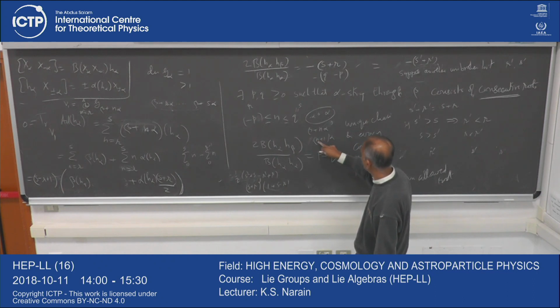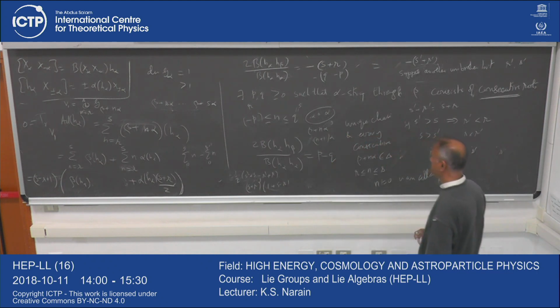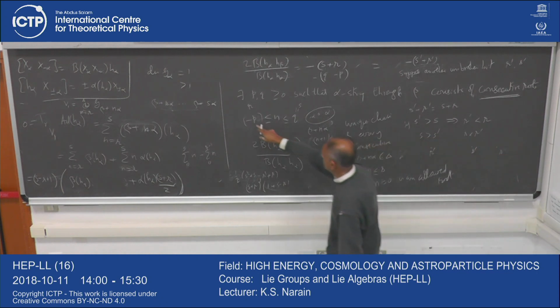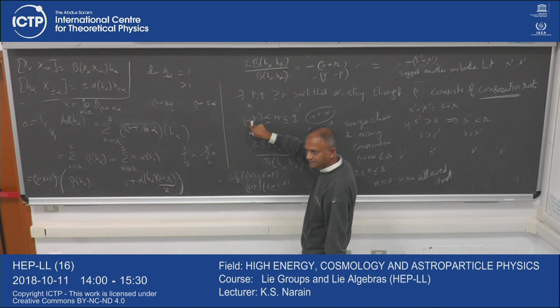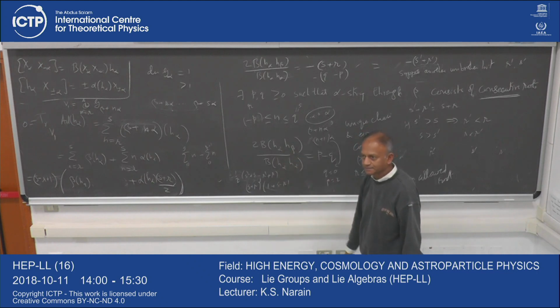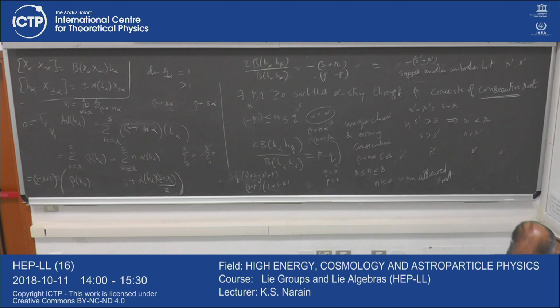Q is 0, and p is 2, because here I'm already writing p as minus p. So this tells me that q is 0 and p is 2. So in that particular case, yeah. Good, so now what is the next step?